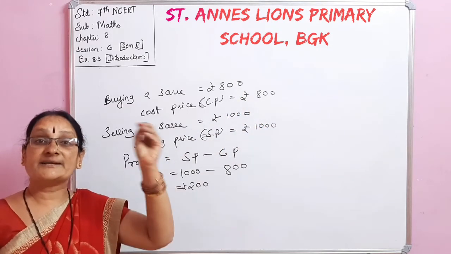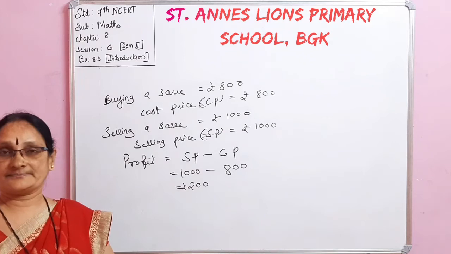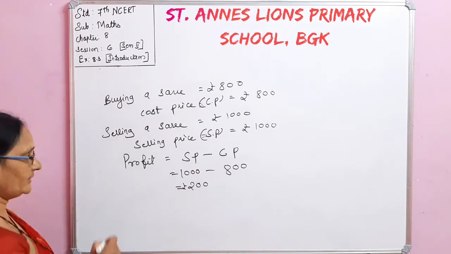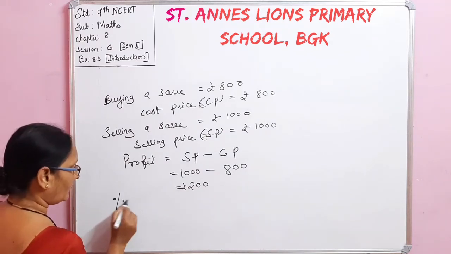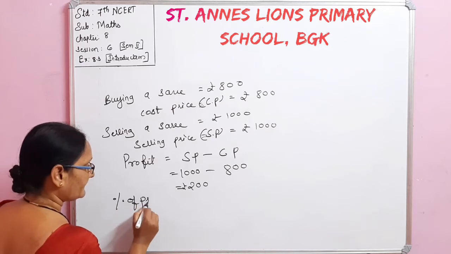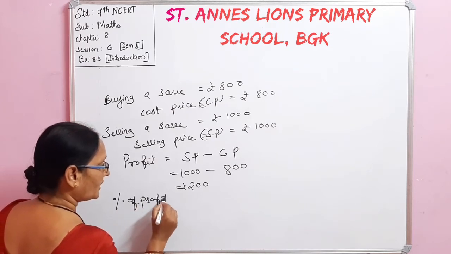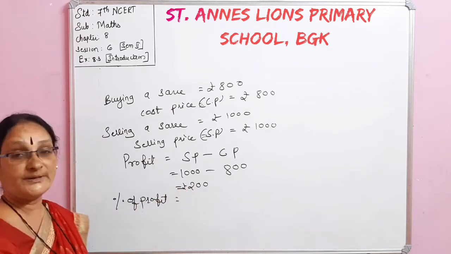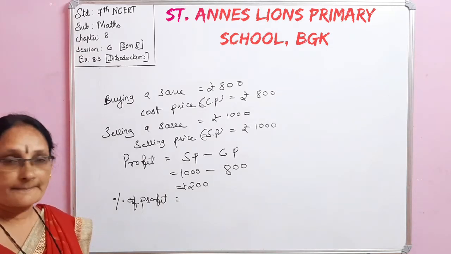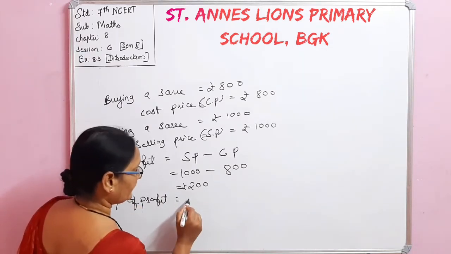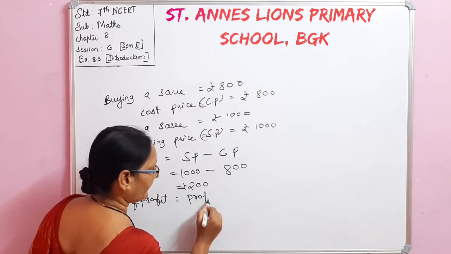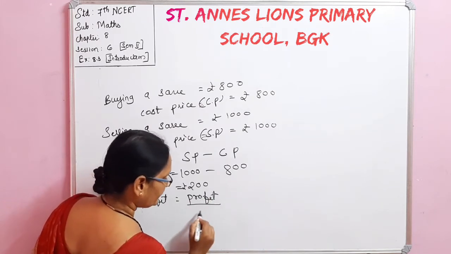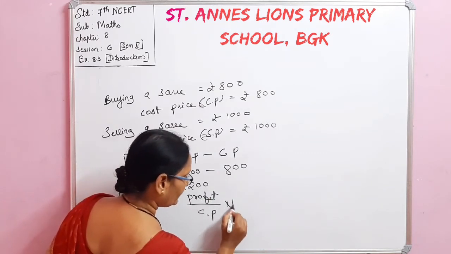Then what is the percentage of profit? Now we have to calculate the percentage of profit. For every 100 rupees, what is the profit for me? One formula is there for that: profit by CP into 100.